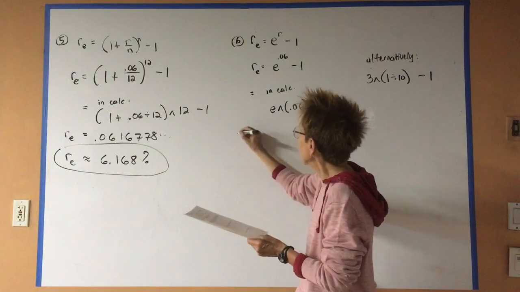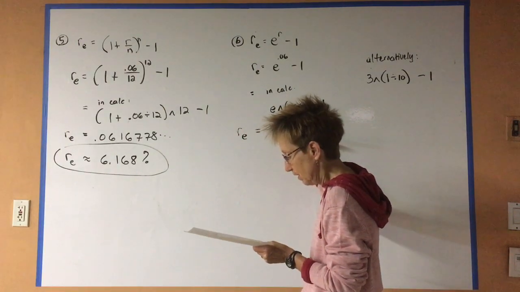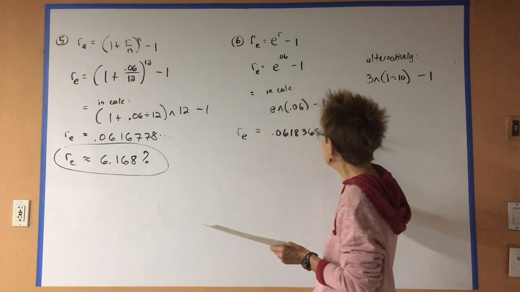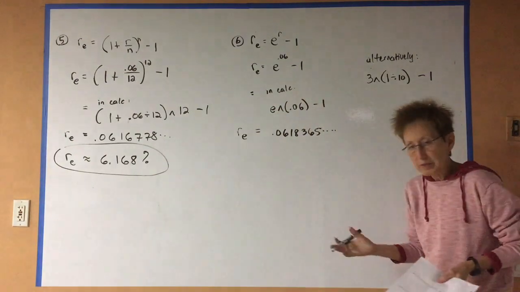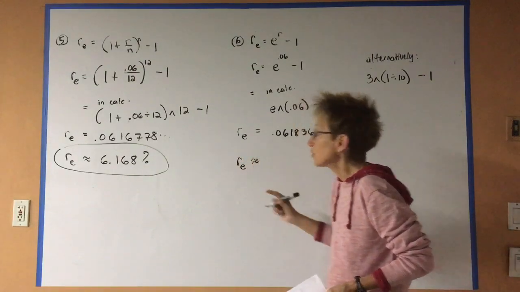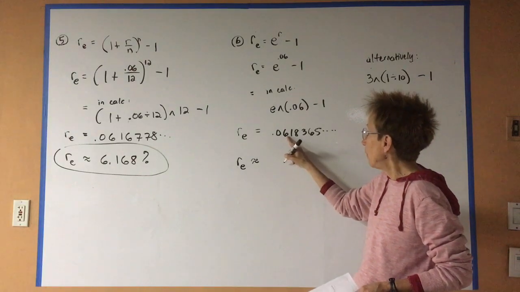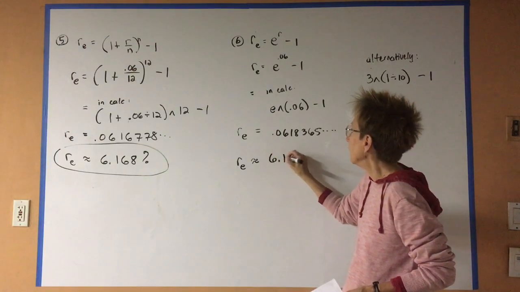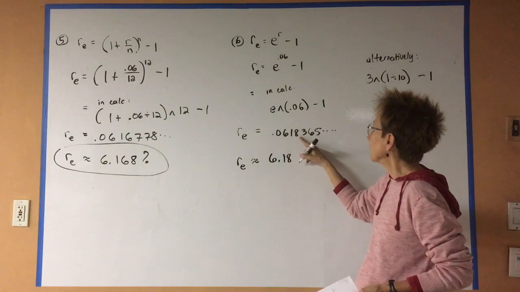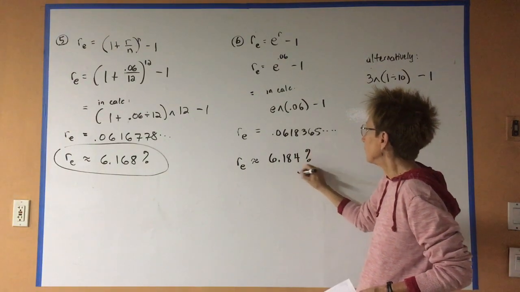And when I did that, I got my effective rate of interest was 0.0618365, and so on. But my screen ran out of room. So approximately my effective rate of interest written as a percent is 6.18. And let's round it to 3 decimal places, so that 3 would turn into a 4, and put a percent on it.